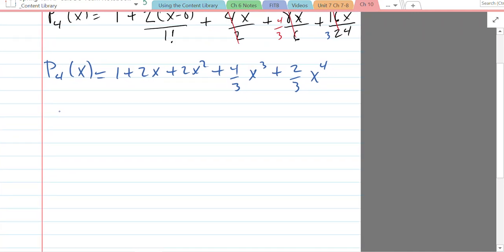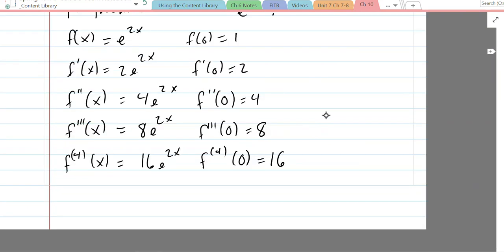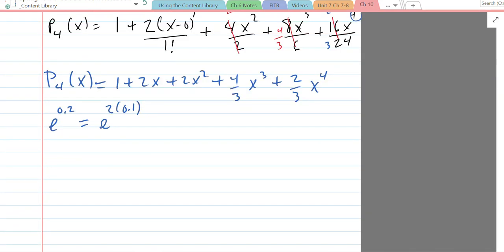So if we want to approximate e to the 0.2, that is equal to e to the 2 times 0.1, right? Which means that in our case, because remember it started out as e to the 2x, back to our example, x in our case is going to equal 0.1.